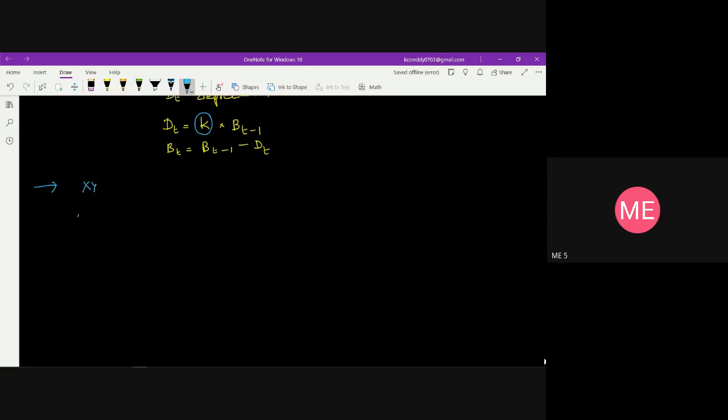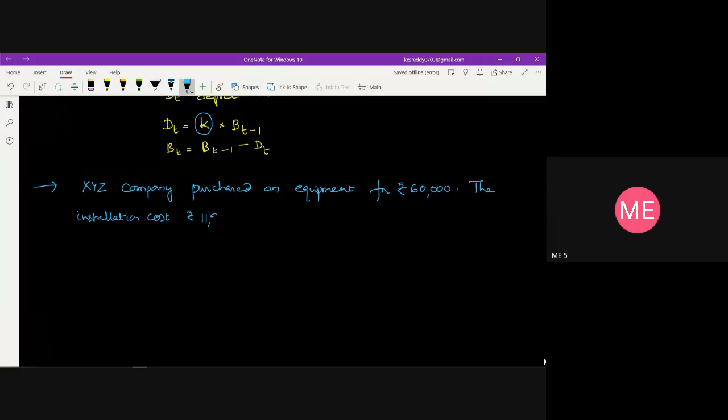Suppose there is an XYZ company which purchased an equipment for rupees 60,000, and the installation cost is rupees 11,950.